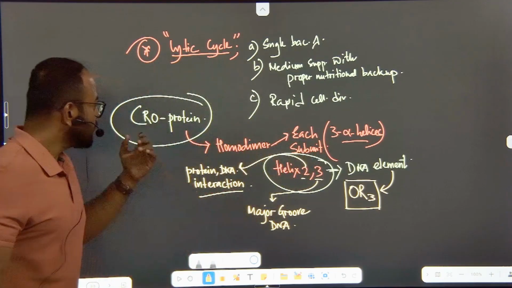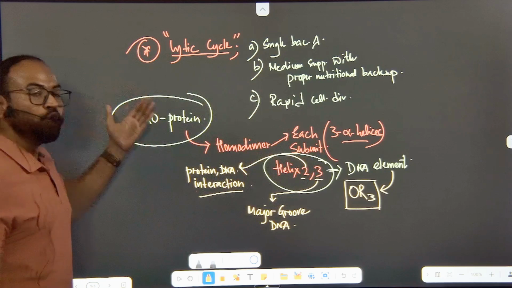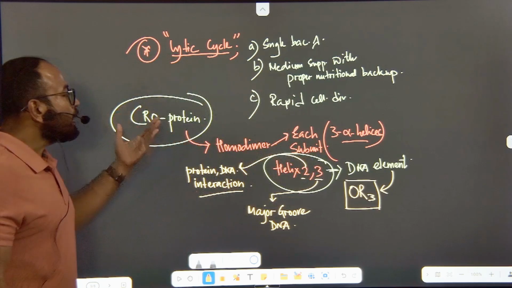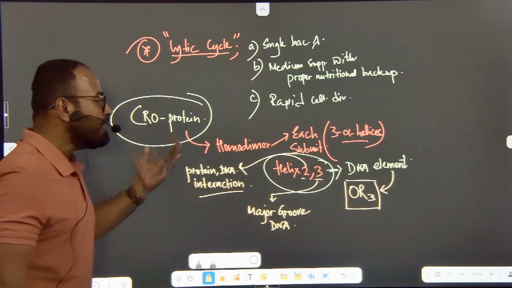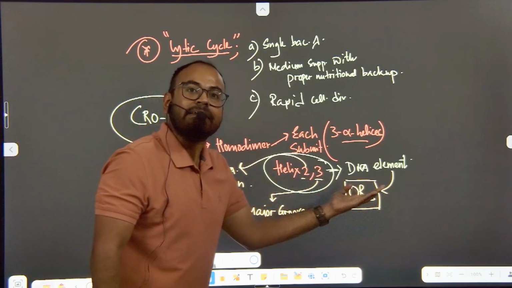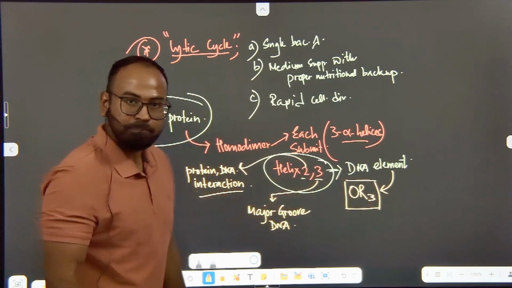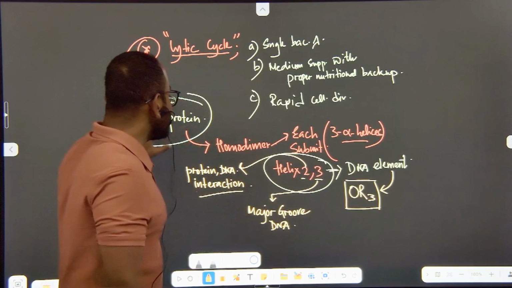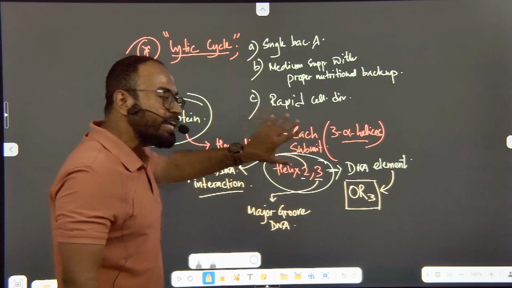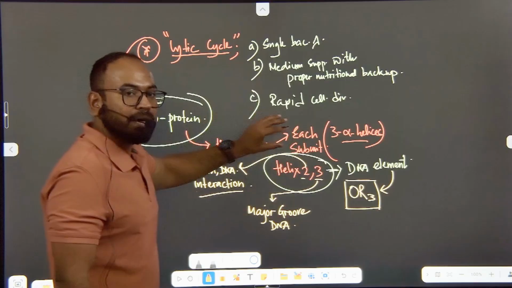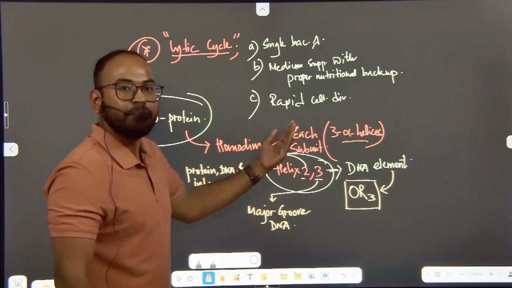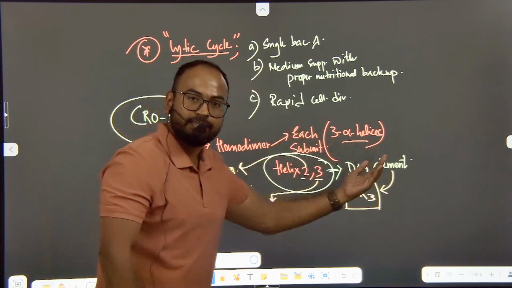Now let's see. First of all, we have our protein. This protein normally binds with the DNA element which is operator at right hand side 3, which is a part of PRM. And based upon its structure, it is a homodimer where each subunit bears three alpha helices.